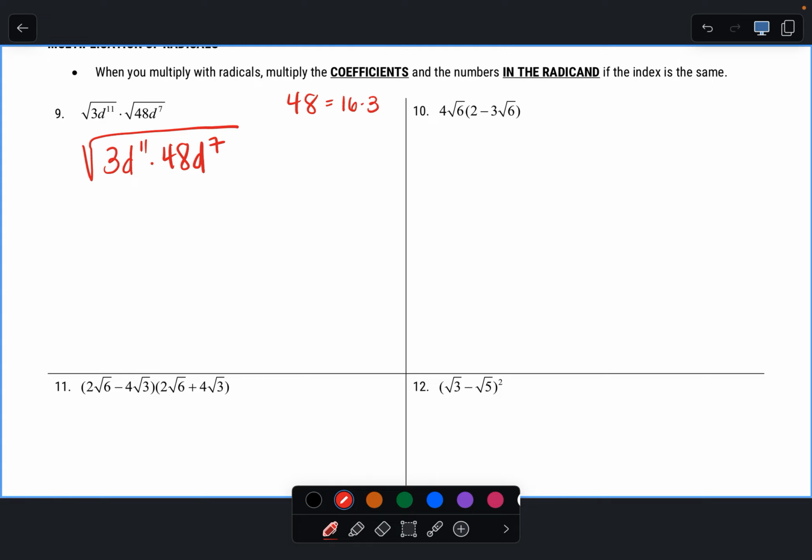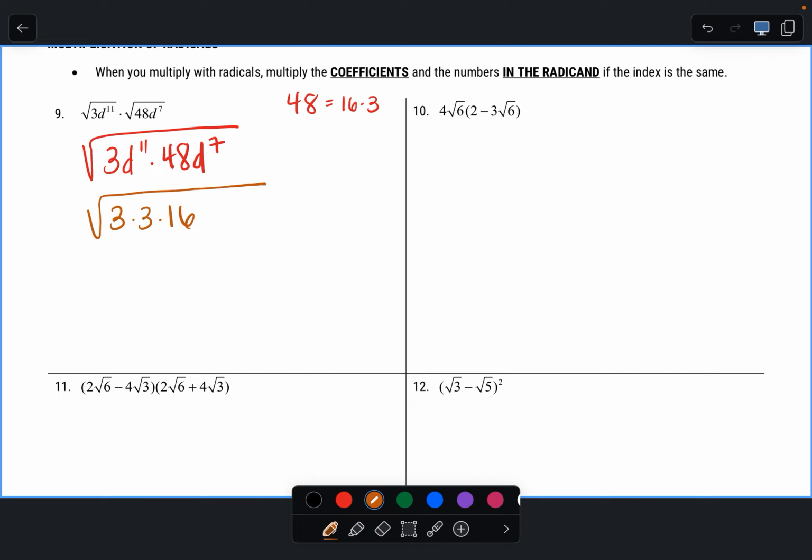So what I'm doing, just because I want to separate it into two things so you can see what's going on, I'm doing 4 square roots of 6 times 2, and then I'm going to have separately minus 4 square roots of 6 times 3 square roots of 6. So I distributed to both things.